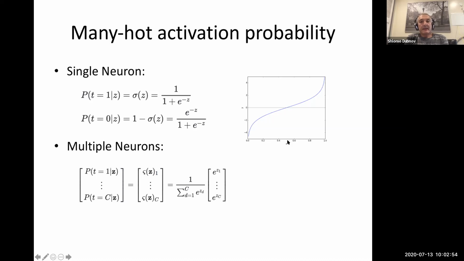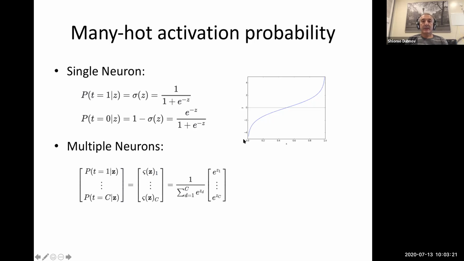So let me just emphasize this point of what happens when we have multiple outputs at the end. With a single neuron, we said that we have this activation function, where we can think about Z as the overall activation, between minus infinity and infinity, that the neuron spits out.